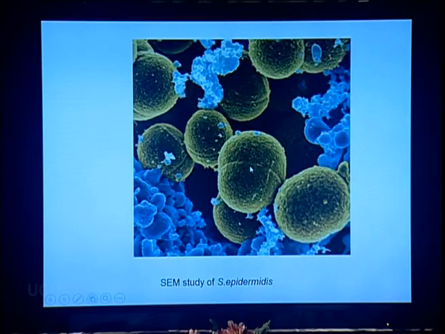So that means they must be producing some bacteriocin with which they prevent the growth of this dreadful Staphylococcus aureus. They look almost the same, but this bacteria colonizing in the nasal tract will not allow Staphylococcus aureus to grow, and thereby our body burden of Staphylococcus aureus may be reduced.